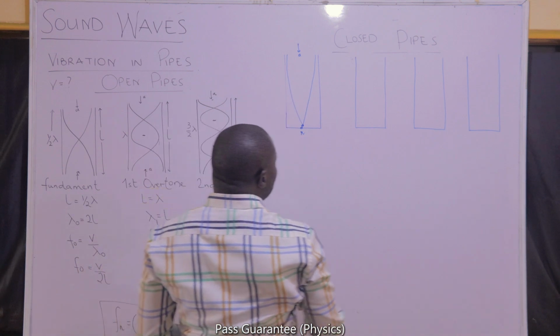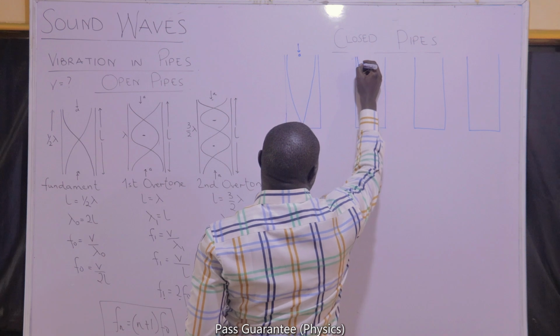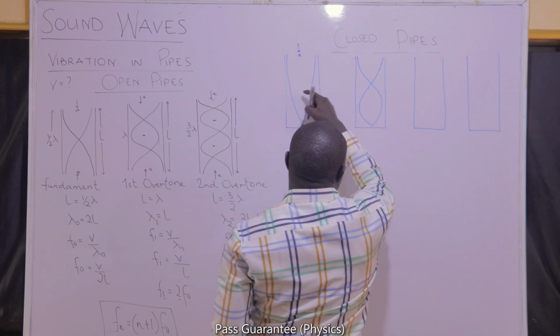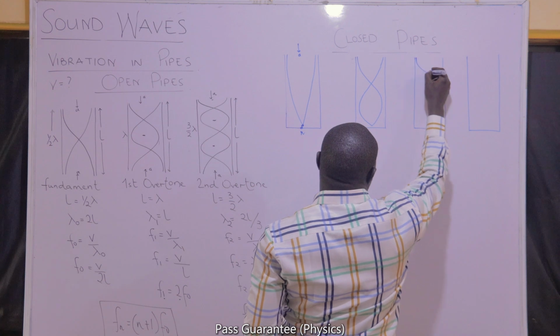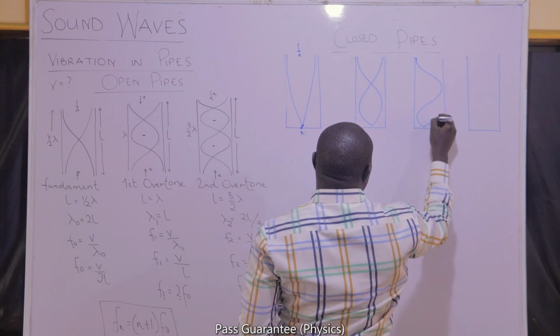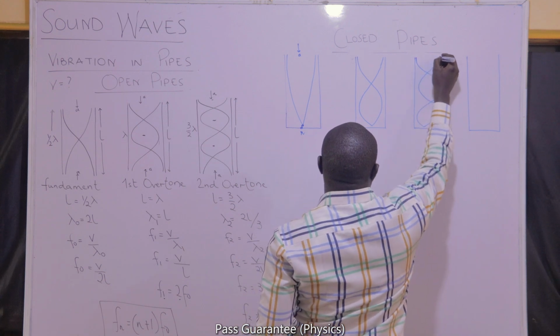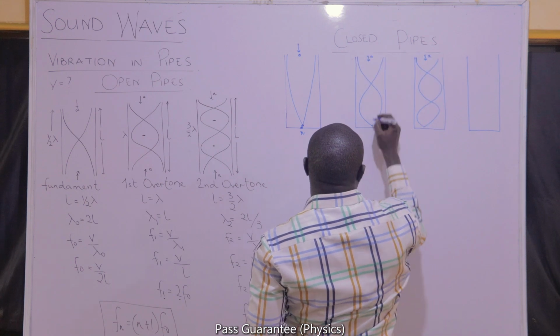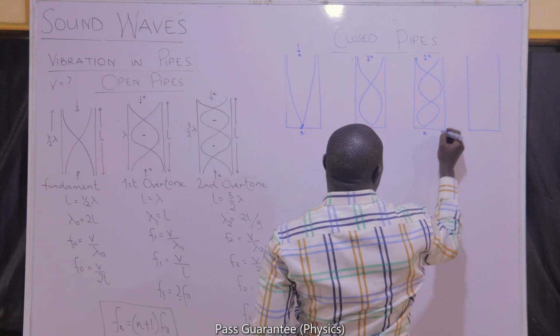Then we can continue by adding one more loop to get other forms of vibration of this form. This is an antinode, this is an antinode, and there's a node at the other end.